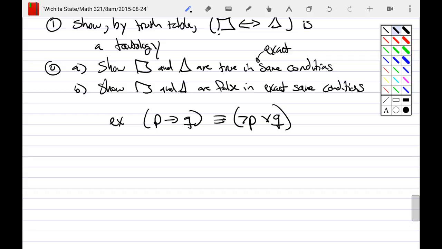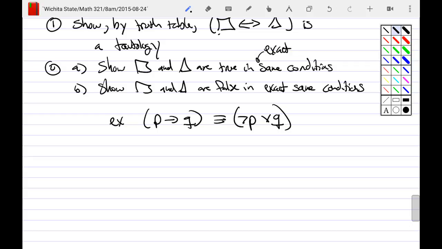If the left-hand side is true, what does that look like? P must have been false. And if the right-hand side was true, what does that mean? Q is true. Or both. And so, is that the exact same conditions? Yes, there are three conditions for the left, there are three conditions for the right. They're the exact same, so they have to be equivalent. It's a verbal sentence-by-sentence argument where you're saying, when does this happen and when does the other side happen?